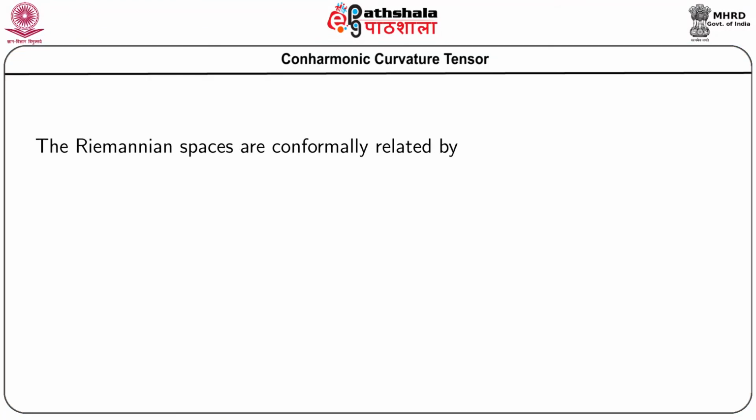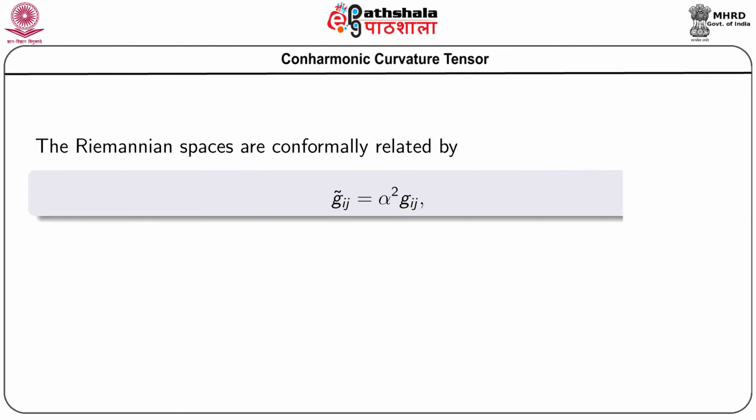So, now the conharmonic curvature tensor. We know that Riemannian spaces are conformally related by this relation. In our previous module, we have seen this relation, that g̃_{ij} = α² g_{ij}.